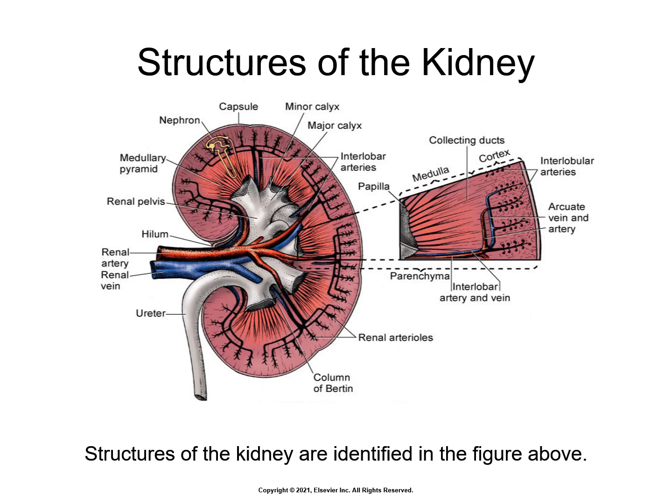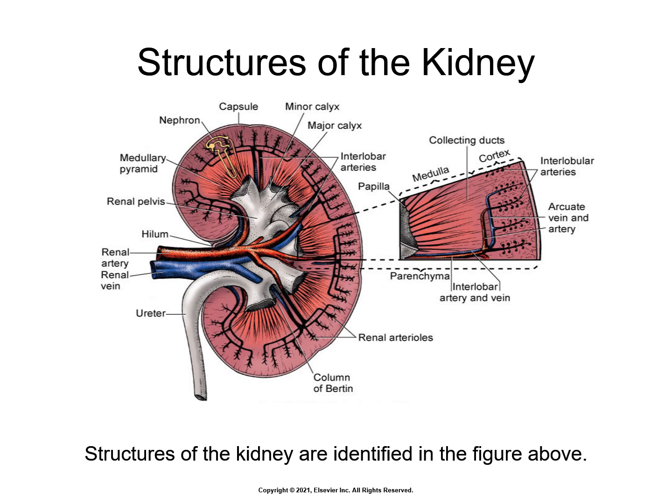So let's look at the structures of the kidney. The structures are identified here, and this is the workings of the kidney, so to speak. The main thing that you're going to be concerned about is this right here, the nephron. There are 2 million nephrons in our kidneys, 1 million in each kidney.